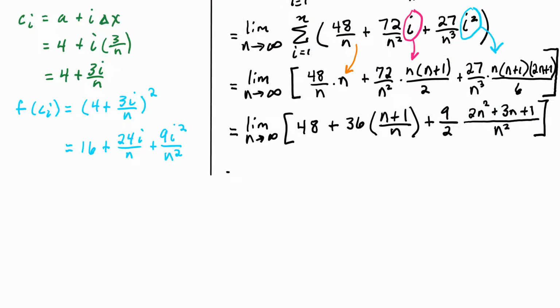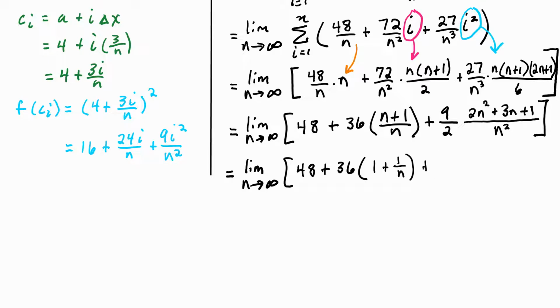Now this is going to equal the limit as n goes to infinity of 48 plus 36 times, and we can rewrite this rational expression as n over n, which is 1, plus 1 over n.